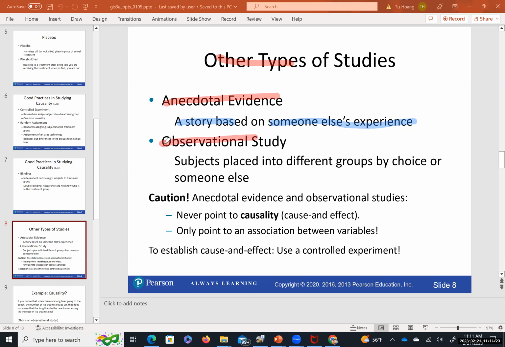The other study that is very common is the observational study, in which subjects are placed into different groups by choice or by someone else, and then questioned.